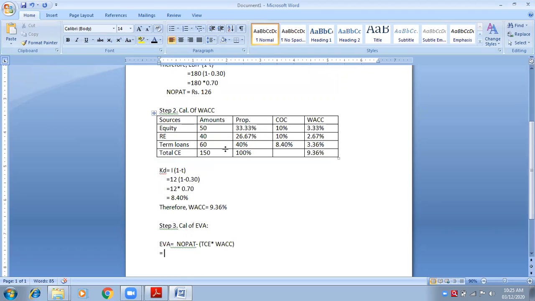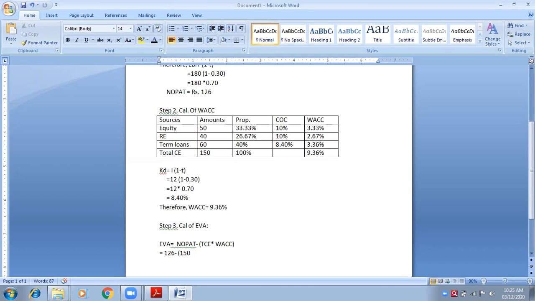So 126 minus, in the bracket I need to solve total capital employed. What is total capital employed? Total CE means equity, retained earnings and term loans, which is 150, already given in step number 2.